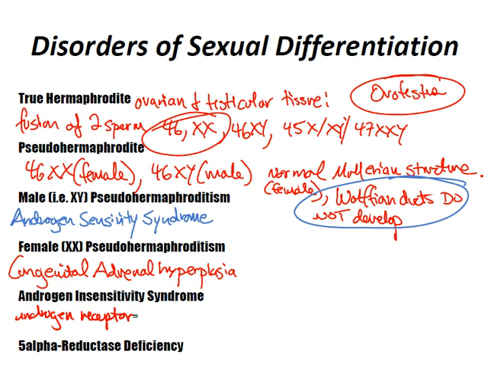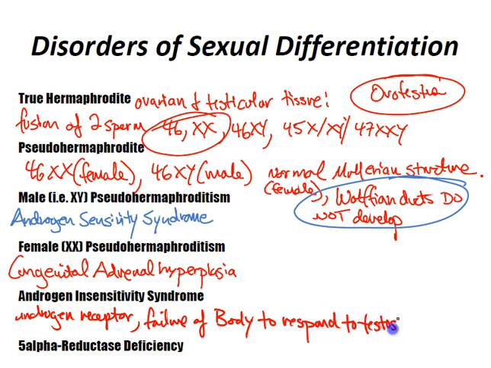So it presents with female external genitalia with sparse pubic hair, a rudimentary vagina, and an absent uterus and fallopian tubes. Now the pathophysiology is the failure of the body to respond to the presence of testosterone. That's what they're going to ask you about.